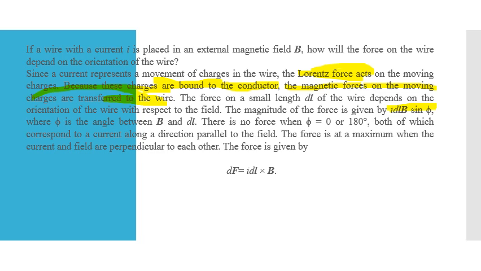There is no force when phi is either 0 or 180 degrees. It means if the current is moving along the direction of the magnetic field, then there will be no force.